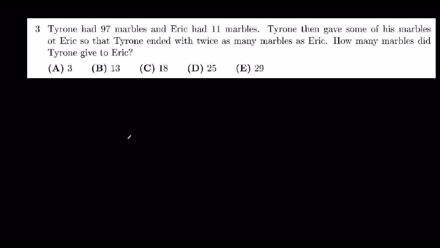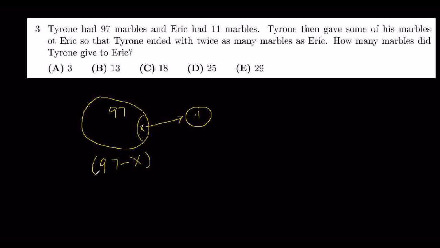Question 3. Tyrone has 97 marbles, and Eric has 11. Tyrone will give some to Eric. Let's say he gives a portion, which is X, to Eric. After that, Tyrone has twice as many as Eric has. So Tyrone has that amount of marbles, which is 2 times what Eric would have, which is 11 plus X given by Tyrone.